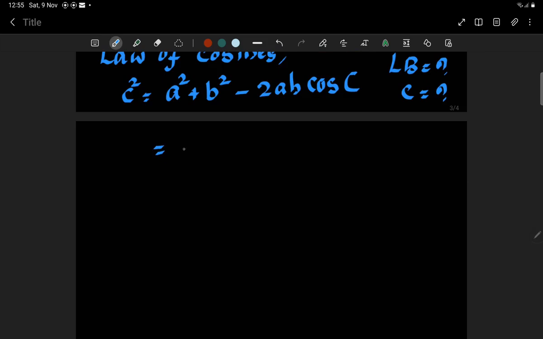A given in the question is 12, so 12 power 2. B is 9, so 9 power 2.